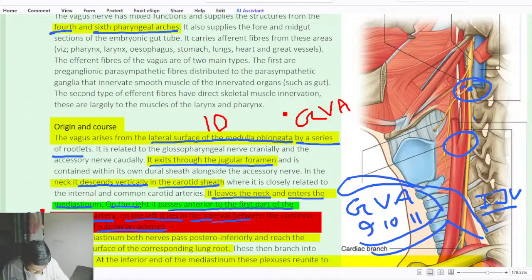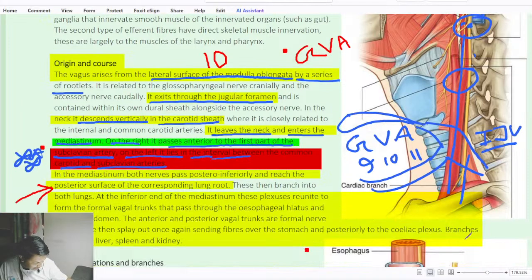On the right side, they are passing along with the subclavian artery, anterior to the first part of the subclavian artery. On the left side, it lies in the interval between common carotid and subclavian artery. So from the neck, now it is entering into the chest, or we can say the mediastinum.